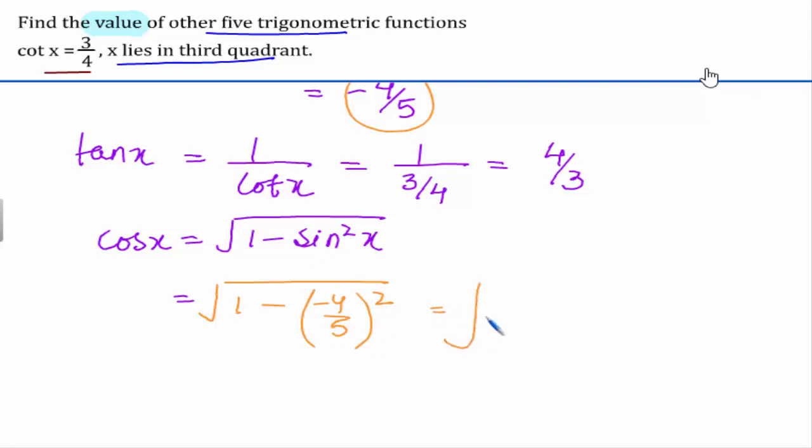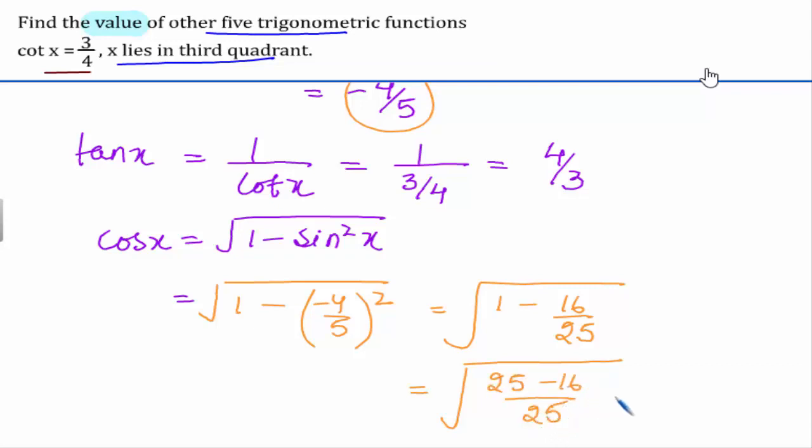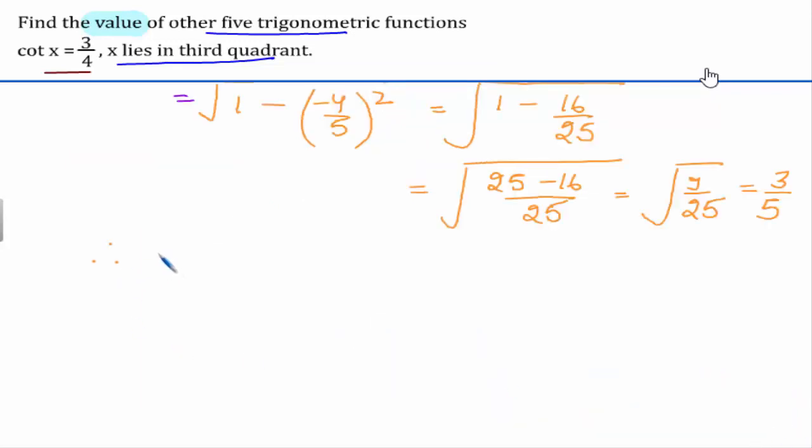So, this is equal to square root of 1 minus 16 upon 25, which is equal to square root of 25 minus 16 divided by 25, which is equal to square root of 9 divided by 25, which is equal to 3 divided by 5. Therefore, cos x is equal to 3 divided by 5.